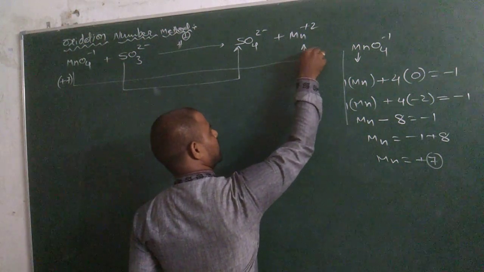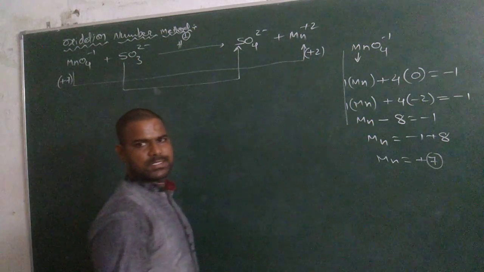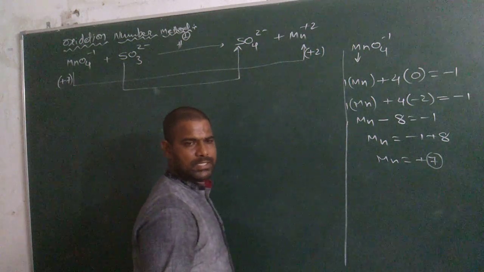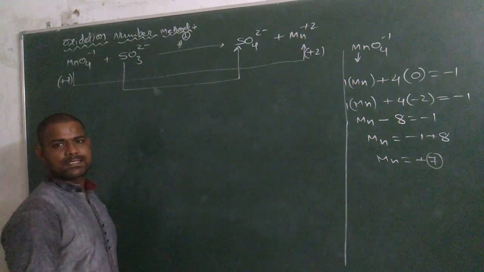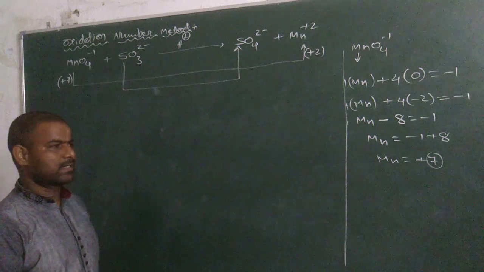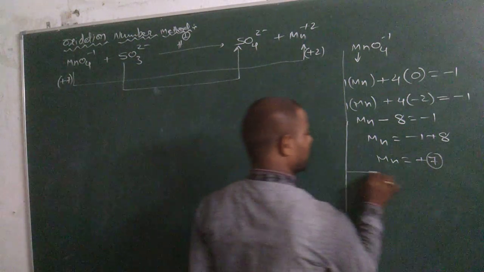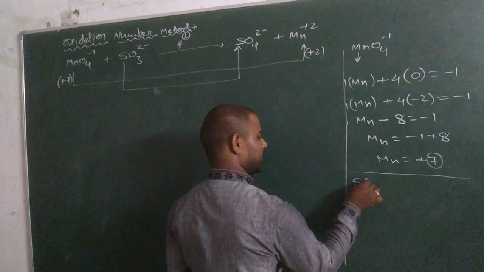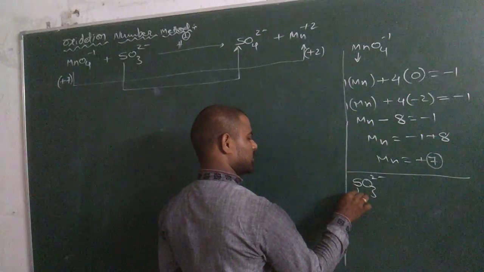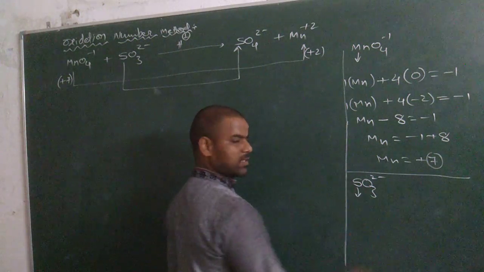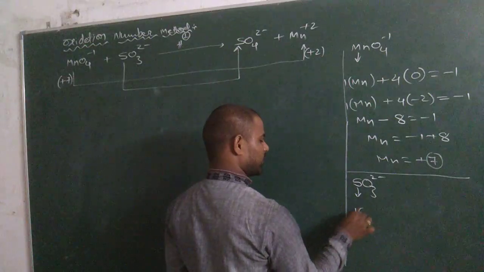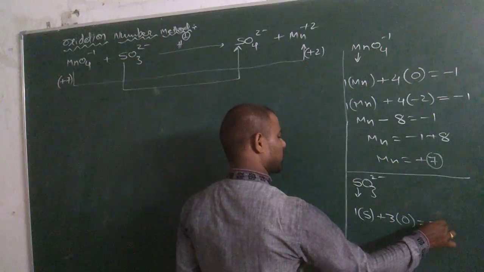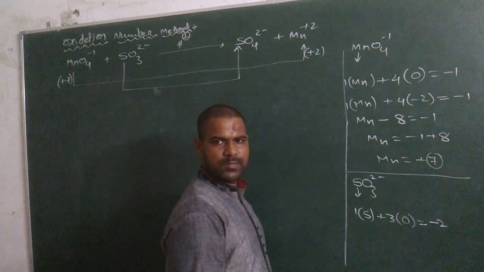In Mn2 plus, the manganese is in plus 2 oxidation state. Now we calculate the oxidation state for sulfur in the SO3 2 minus ion, the sulfite ion. We also write it in mathematical form. One sulfur and 3 oxygens, and the total charge of the ion is minus 2.